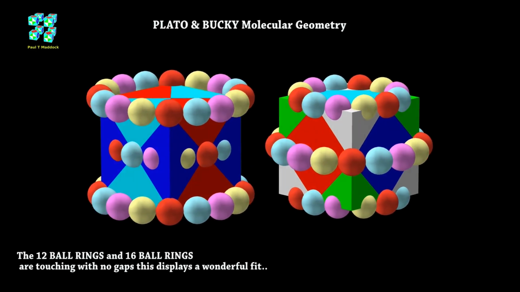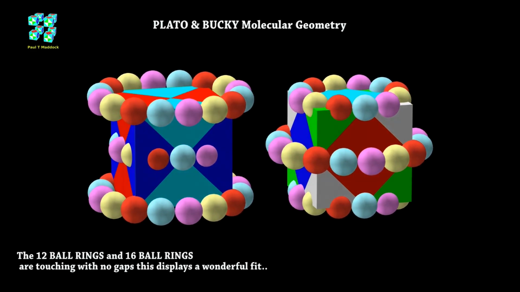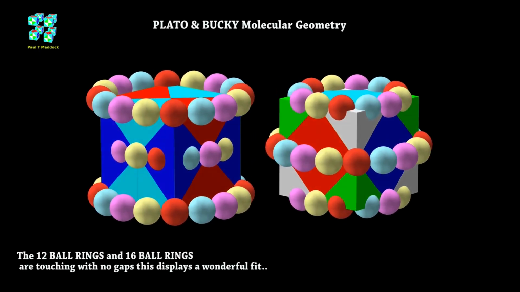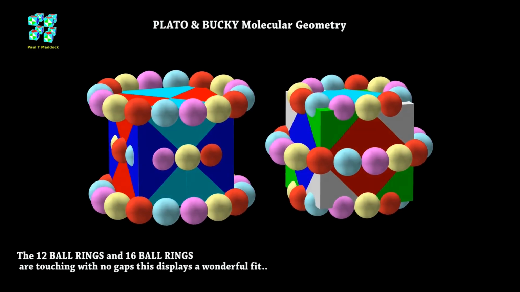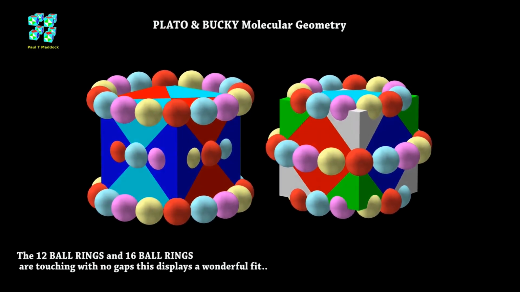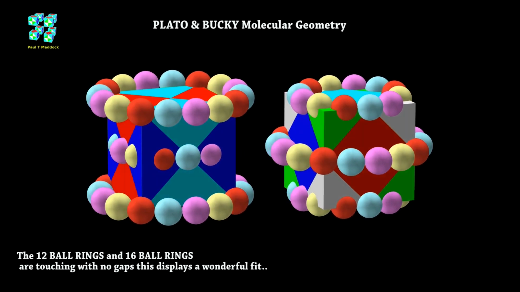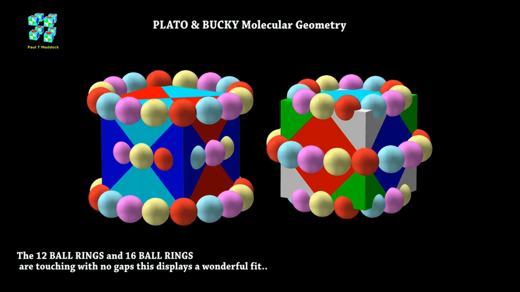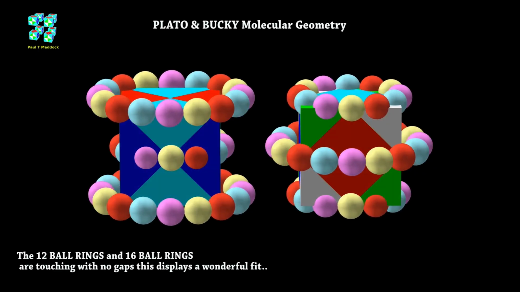If you look at the rings themselves, the balls are touching going around, so there are no gaps. So basically it's perfect geometry, because the 16 and the 12 balls are all in a perfect ring and just touching each other. So what you're looking at is a perfect mathematical fit.